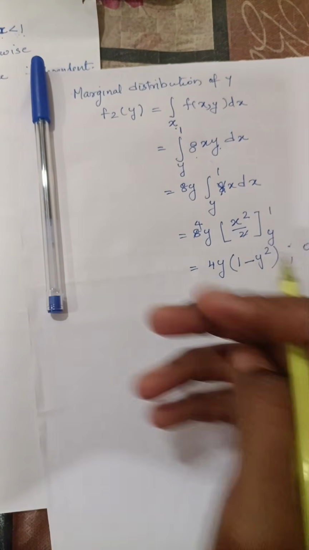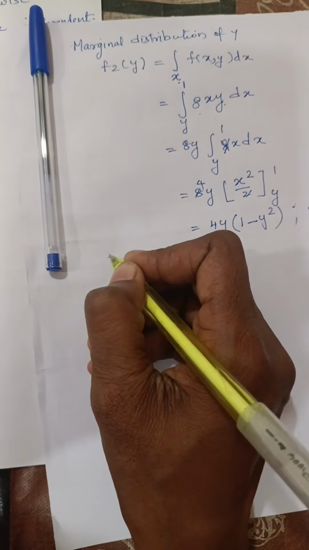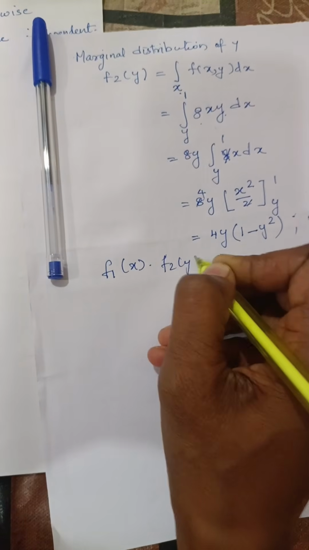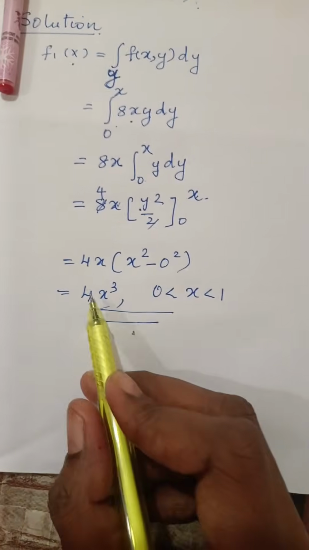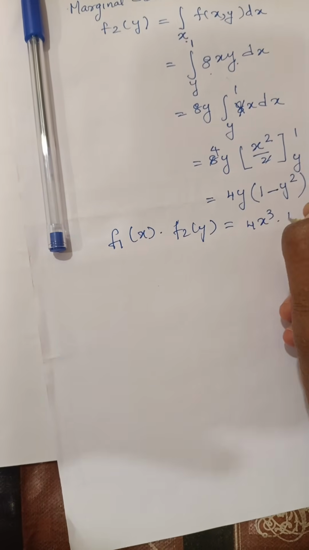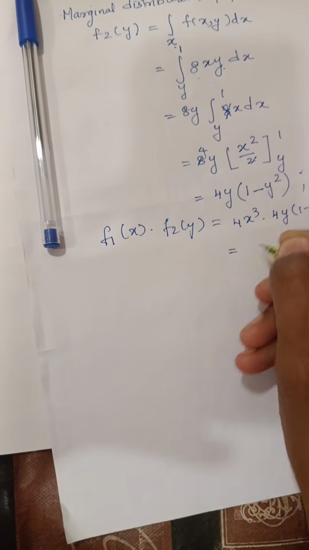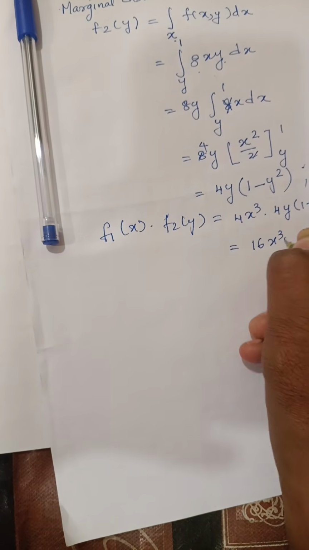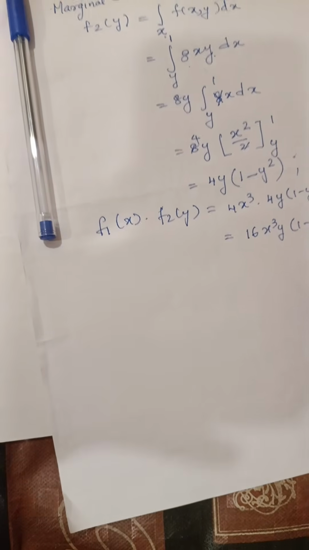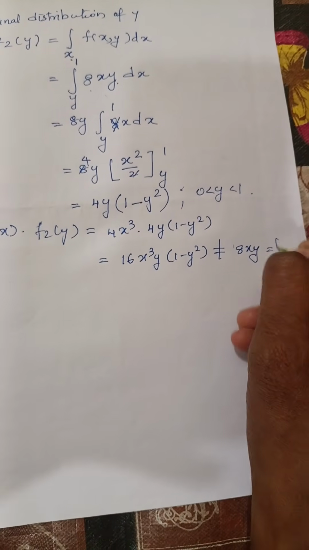Now we can check whether x and y are independent. For checking this, I am multiplying f1x and f2y. So f1x is 4x cubed into f2y, 4y into 1 minus y squared, which is equal to 16x cubed y into 1 minus y squared, which is definitely not equal to 8xy, which is our f of xy.